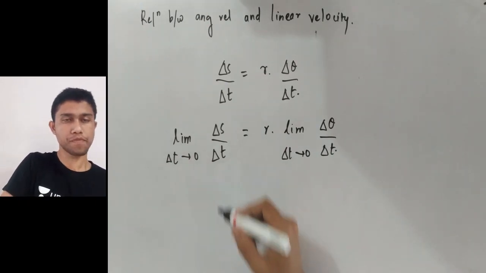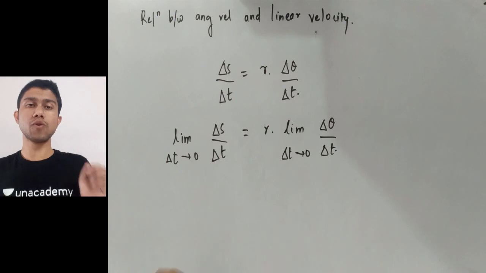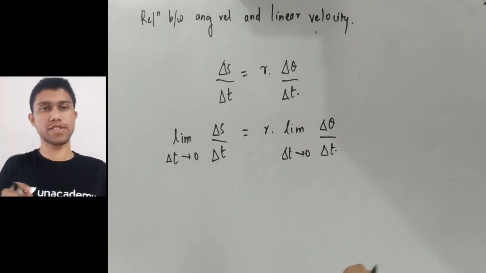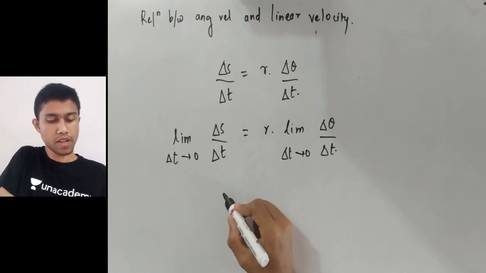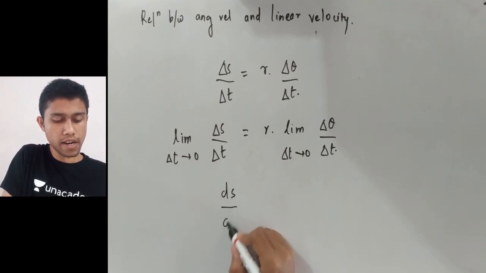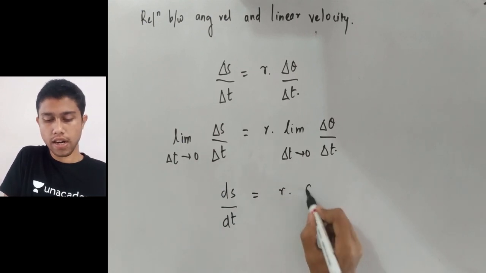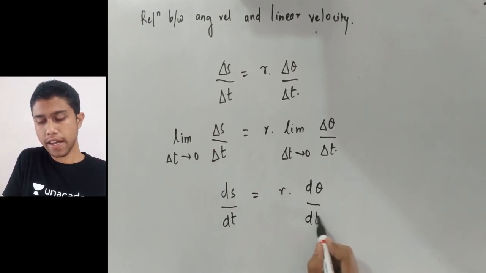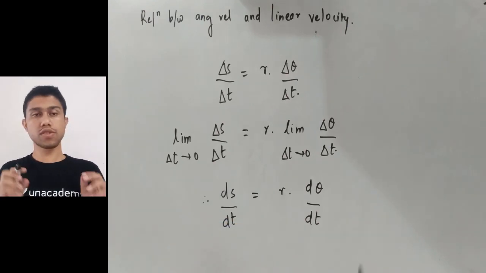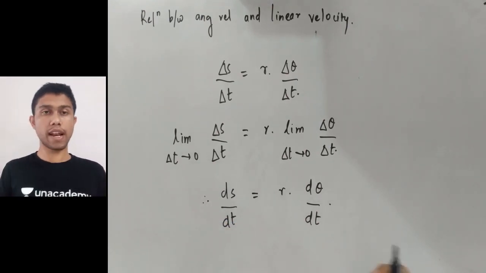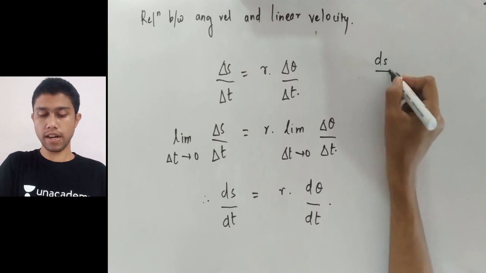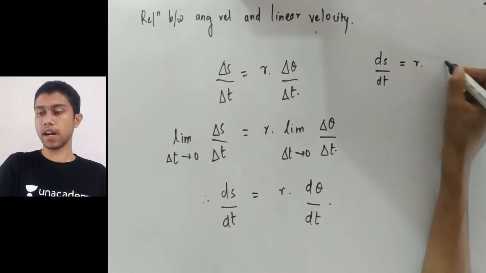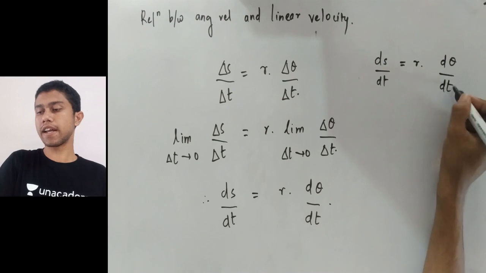Now tell me, by putting limits, delta t becomes very small and hence the change in displacement or the change in time is very small, and which is denoted by ds by dt is equal to r d theta by dt. Okay, so this is what you can elaborate the formula. Okay, now we will go to finding out what's more in this formula. So I have the formula ds by dt is equal to r d theta by dt.